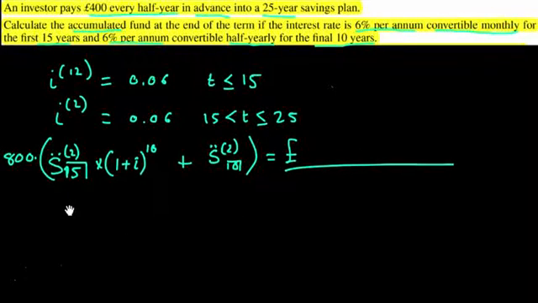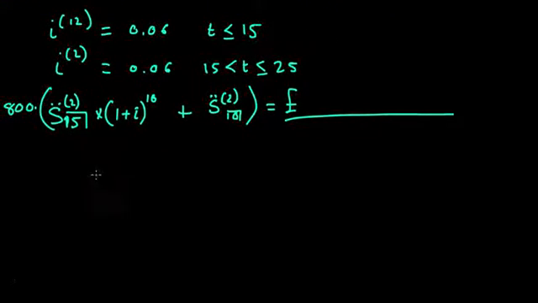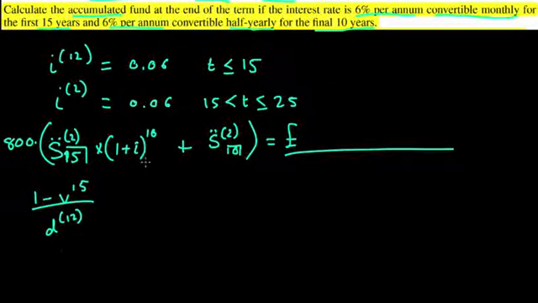Okay, so to start with, let's work out all our v's and i's and d's and so on. To find this series, first we're going to need 1 minus v^15 over d^(12). I'm going to use Excel for this bit to see how I can turn this 0.06 payable every month into a v and a d.